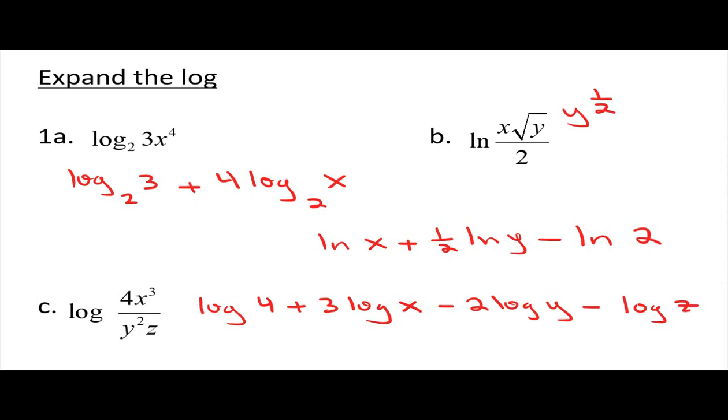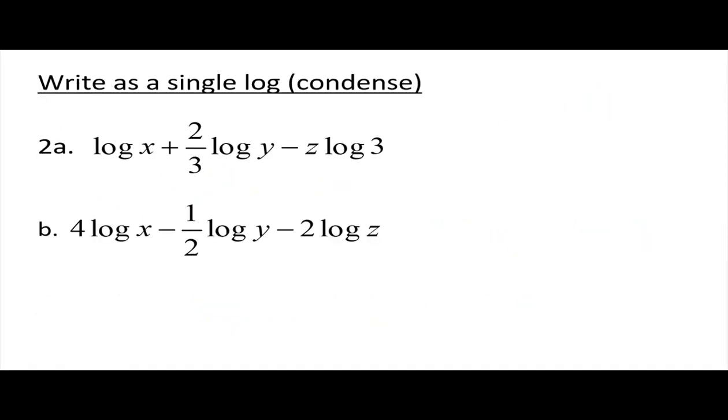Okay? Now let's go the other way around. Sometimes we need to write as a single log or condense. So let's take a look at this example now. This time we need to make it into one single log. So we need to take all this and make it into one single log. So we have log, we have the x here.